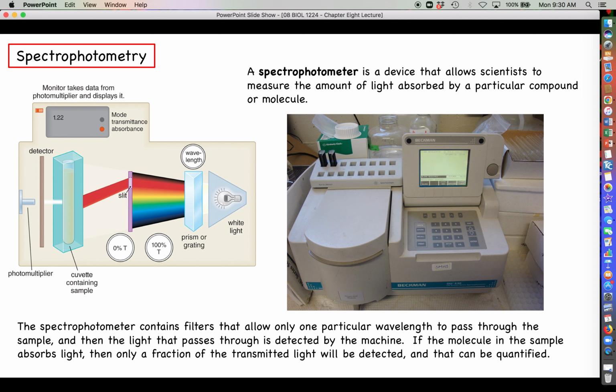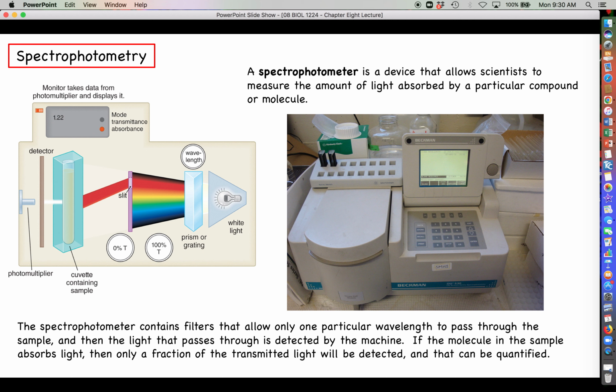So the idea is that the spectrophotometer contains all different types of filters that can take in white light and then split it up into only one particular kind of wavelength, and then pass that particular wavelength of light through a sample. Usually the sample is contained within a little plastic cuvette, which contains a solution in which your molecule is dissolved.